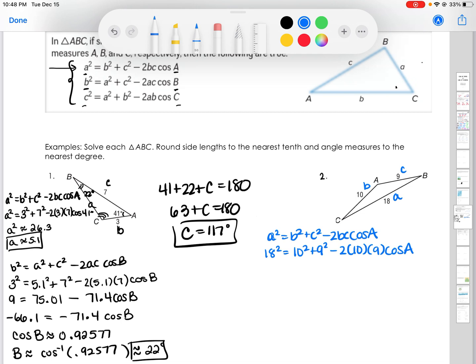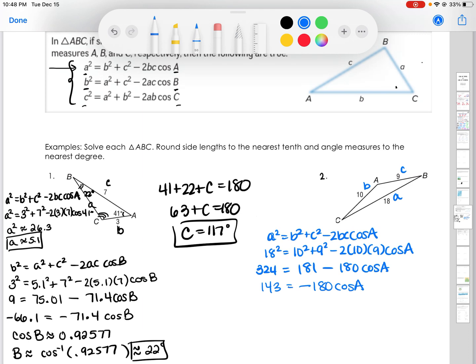Okay, so 18 squared is going to give us 324. That's going to be 100 plus 81, so 181, minus, and then we have 2 times 10 times 9, 180 cosine of A. Remember, I cannot do that subtraction yet. I'm going to have to subtract this 181 from both sides. And I'm going to get 143 is equal to negative 180 cosine of A. And then I'm going to divide by that negative 180.